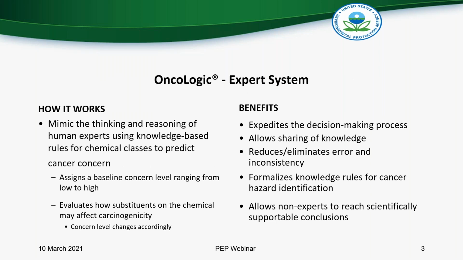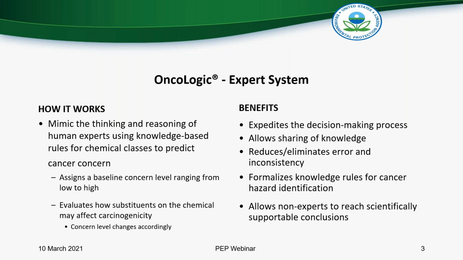How does it work? OncoLogic mimics the thinking and reasoning of a human expert using knowledge-based rules for classes to predict cancer concern. Each chemical class has a baseline level of concern ranging from low to high. Then it looks at substituents on the chemical that may affect the carcinogenicity. The concern level changes accordingly. We call these rule makers or rule busters.